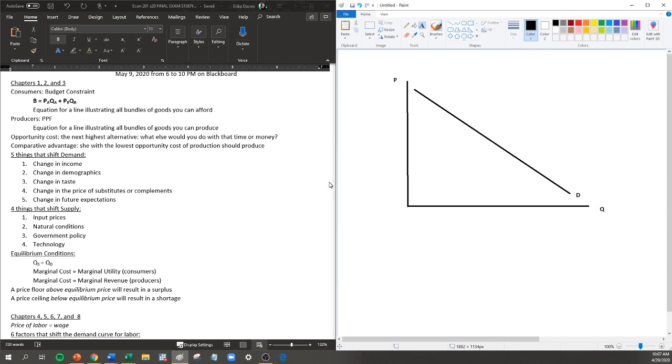There are 5 things that shift demand. A change in income. An increase in income will shift the demand curve outward. Same thing, a decrease in income will shift our demand curve inwards. Change in demographics.